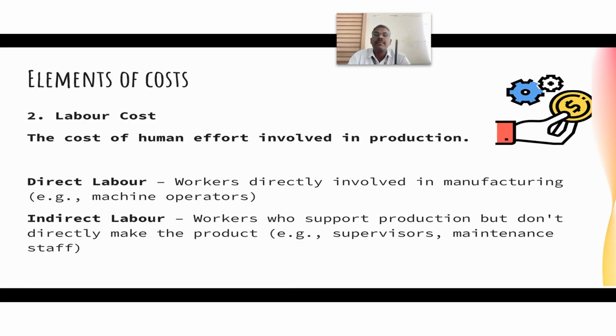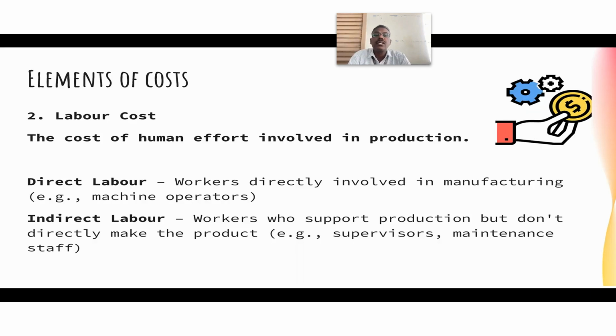For example, if I have only one machine and I am going to produce 1,000 pens, to operate that machine I have to depute one laborer. The labor directly involved in producing this pen, we can call a direct labor cost. The workers directly involved in manufacturing, we can say the machine operator.